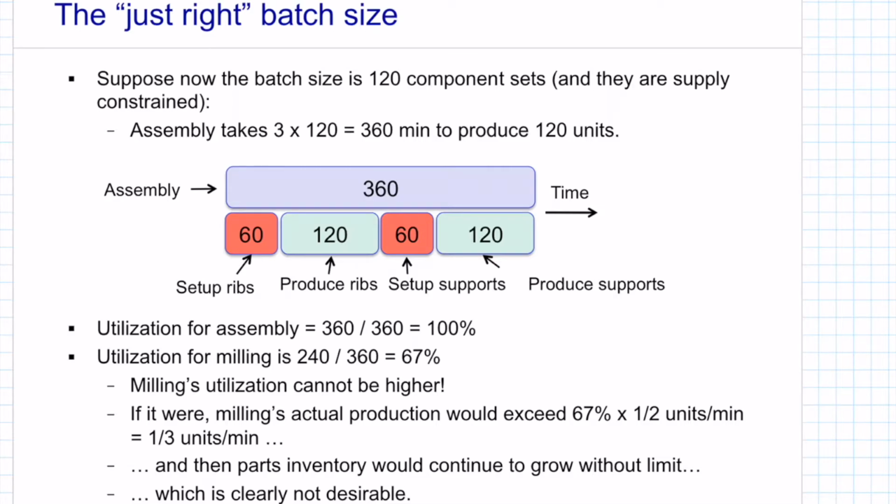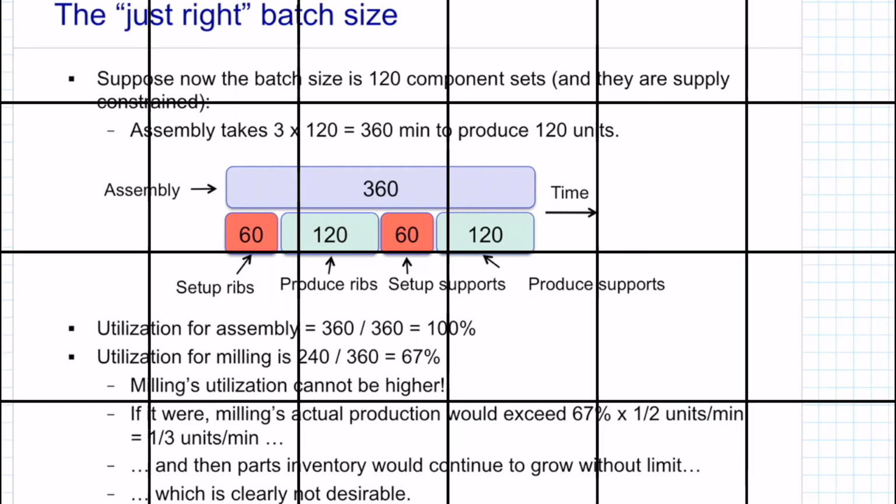We cannot do better than this. Milling utilization cannot be more than 67%. Otherwise, milling's production is going to be more than that of assembly, and this is going to create a situation where inventory is just going to keep on growing, which is not a desirable situation to have.